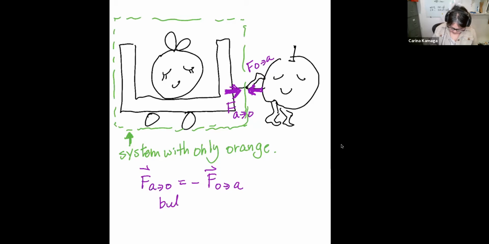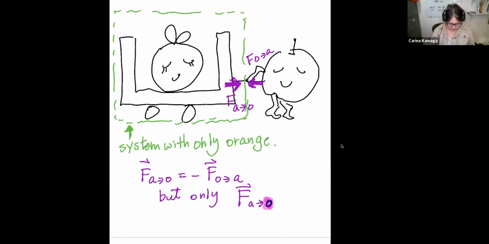But the only force that we care about is the apple onto orange. It's the orange that we care about. We're only looking at the orange. We don't need to worry about what's happening outside or what the orange is doing. We only need to worry about what's happening on the orange. That's the system that we're looking at.